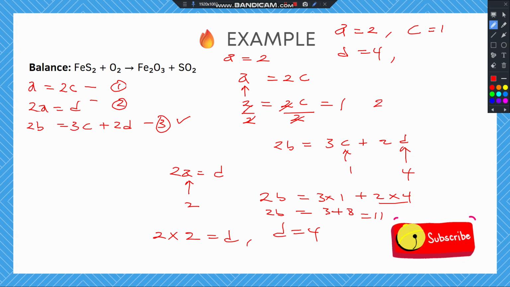So therefore, 2B is equal to 11. Therefore, B will now be 11 divided by 2. 11 divided by 2 gives us 5.5. So at this point, I have the value of B, which is equal to 5.5. So at this point now, I can move on to balance the equations.